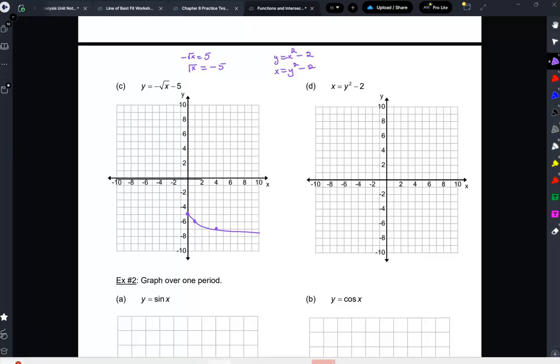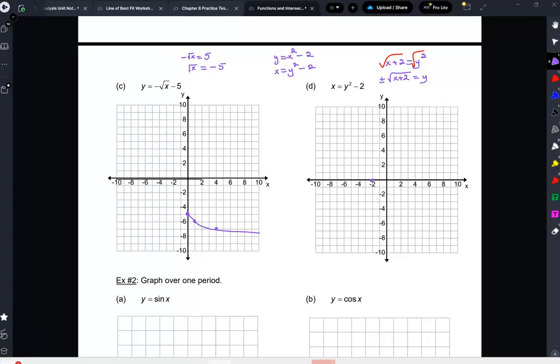So take a look at what happens here. Let me bring the 2 over to the other side. So x plus 2 is equal to y squared. Take a square root of both sides. So y is plus or minus the square root of x plus 2. So the square root of x plus 2 has a horizontal shift to negative 2.